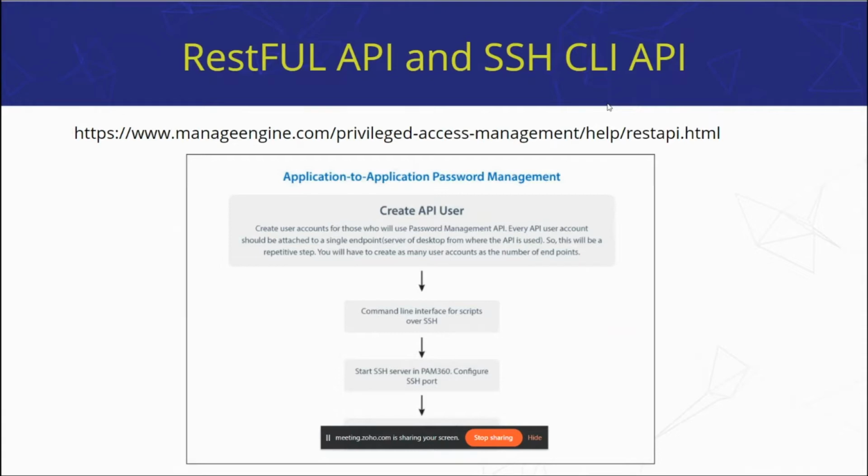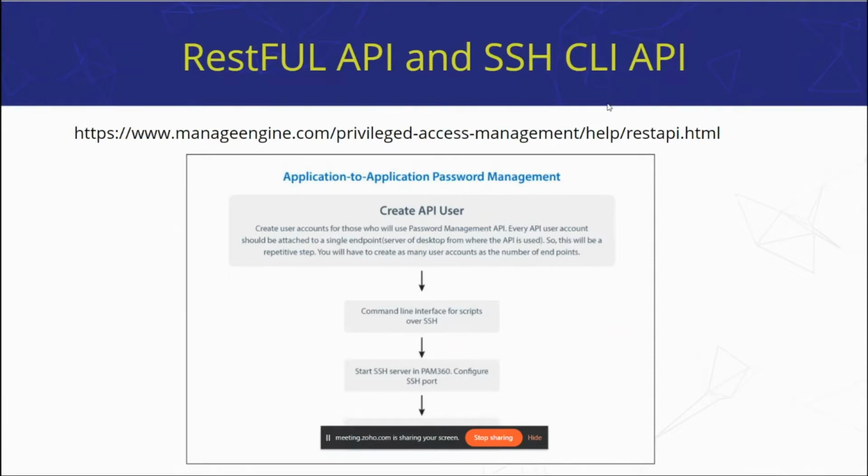Now, both of these APIs allow you to perform a lot of operations of our PAM solution in a programmatic fashion. So the way you go about using our API is fairly straightforward. First, you register an API user inside our PAM solution, and you will be able to generate a unique authentication token for that API user.